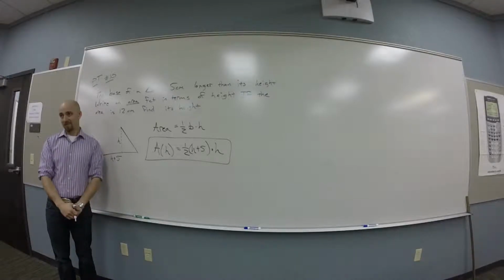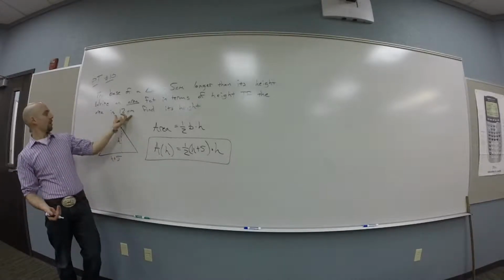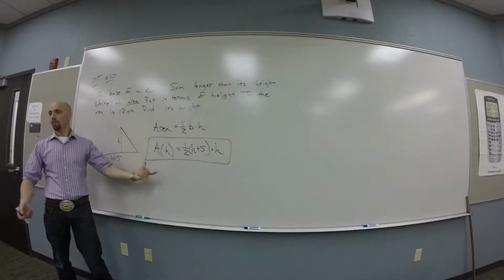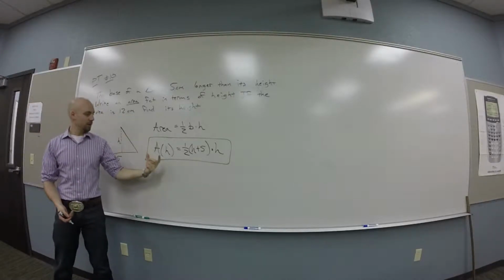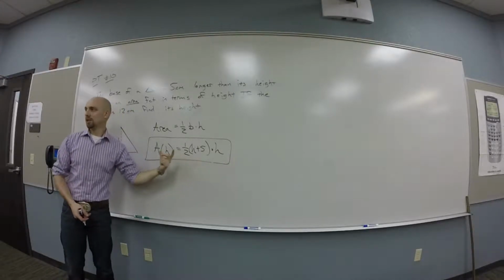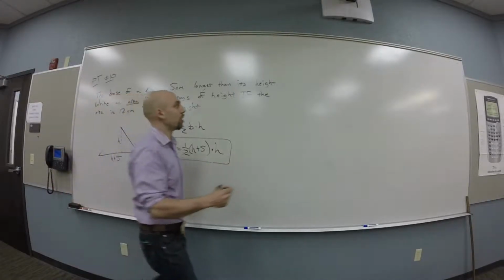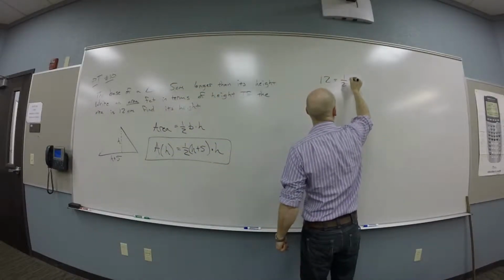Now what? Now I want to know if the area is 12, what's the height? Is 12 an output or an input? It's an output. See that? So I'm wondering, when is 12 equal to this mess?